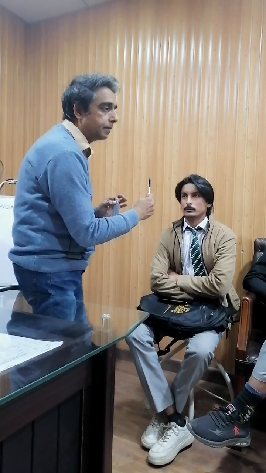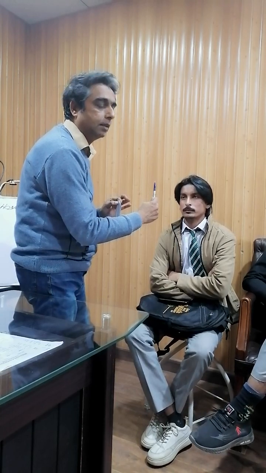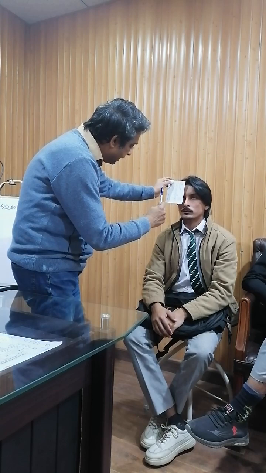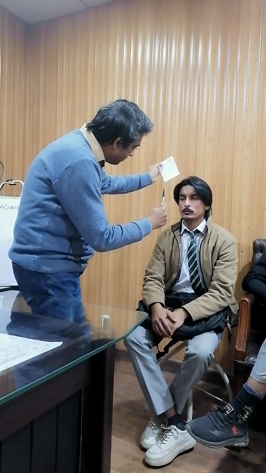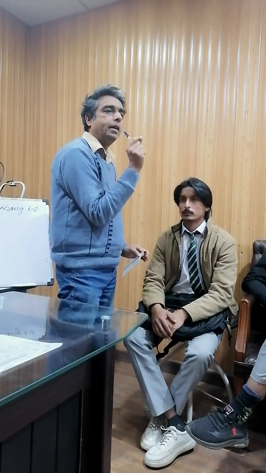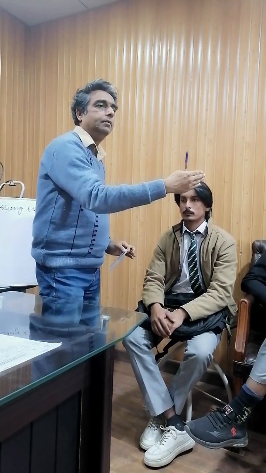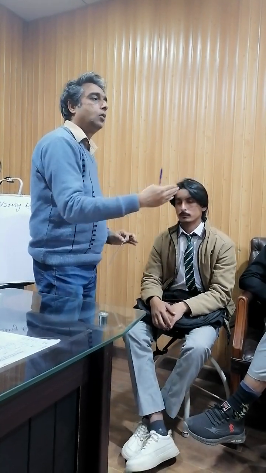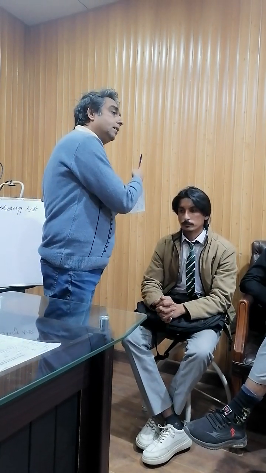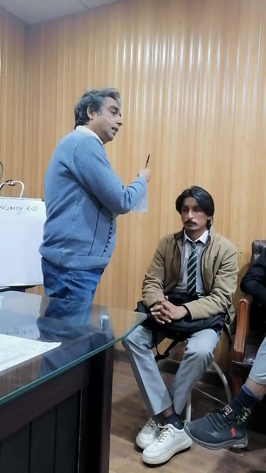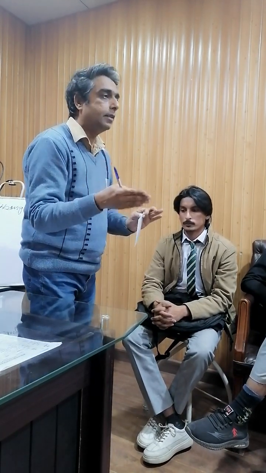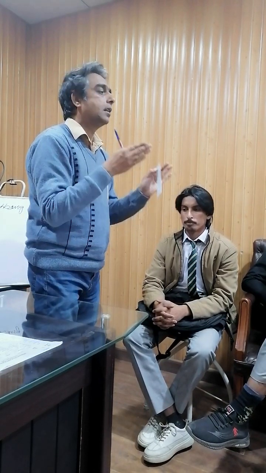Now he will use his accommodation and I will cover one eye, and I will see the same eye. And what I see is a slight movement from outward to inward. So it means it was outwards and outward is divergent. So it is exophoria. Tropia is manifested squint and phorias are latent.